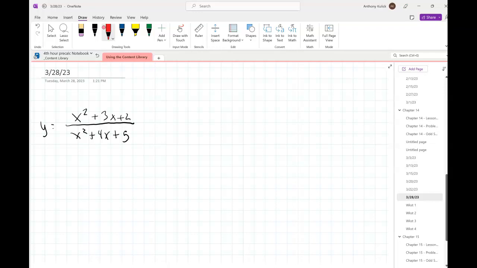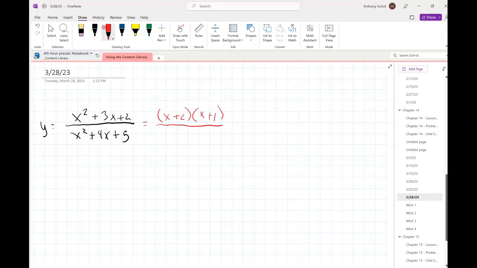What would I want to start by doing? Factor. Good. How does the numerator factor? 2 and 1. So x plus 2, x plus 1.